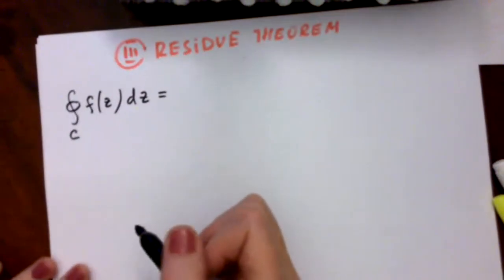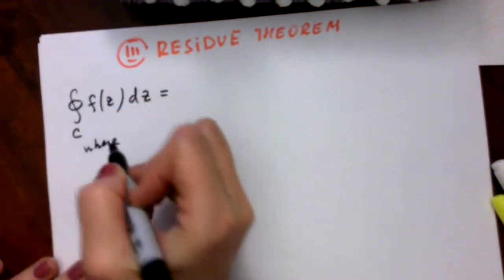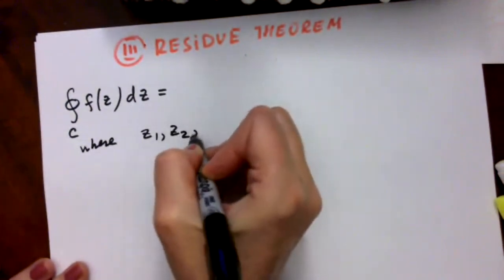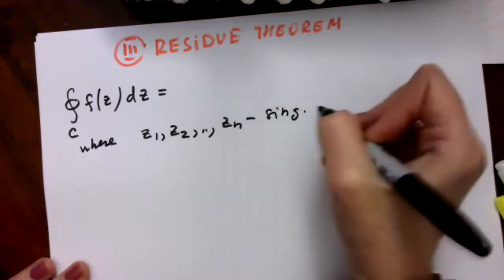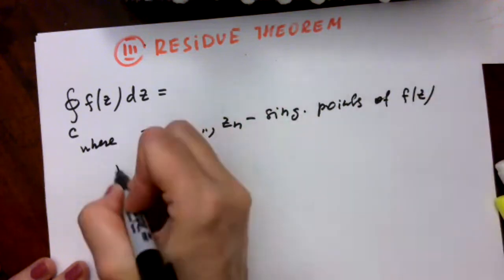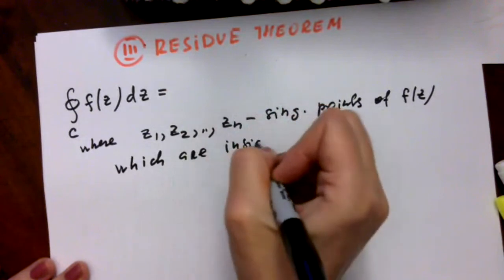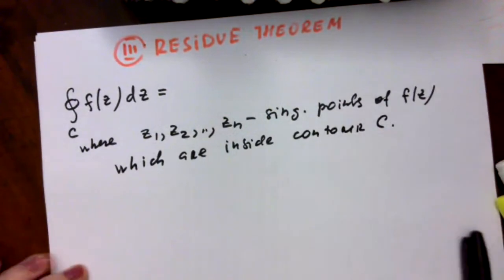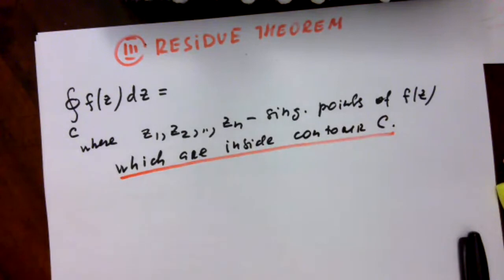And this function has singularity points z1, z2, and so on, zn, singularity points of this function f of z, which are inside the contour C. This is super important, just like in the previous Cauchy formula.